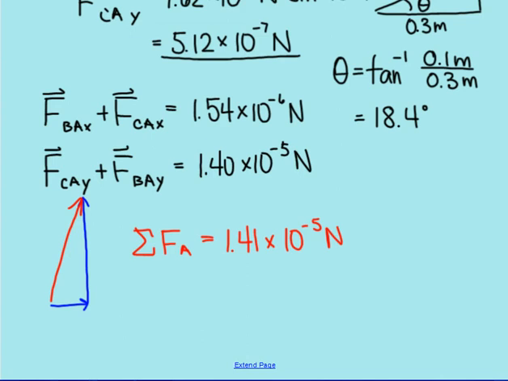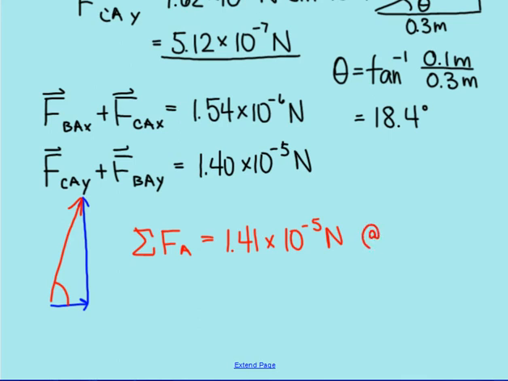Then I need to find a direction. Based on how I drew my diagram here, I always find the direction at the tail end of my resultant vector. So that would be the angle that I marked there. I suggest using tangent because that doesn't mess with the number we just calculated. If I use tangent, or rather inverse tangent, I would use 1.40 times 10 to the negative 5th newtons divided by 1.54 times 10 to the negative 6th newtons.